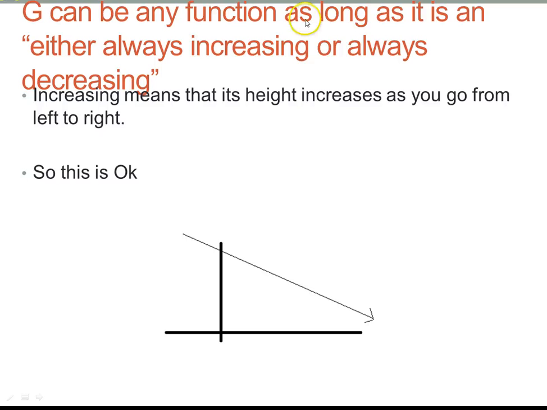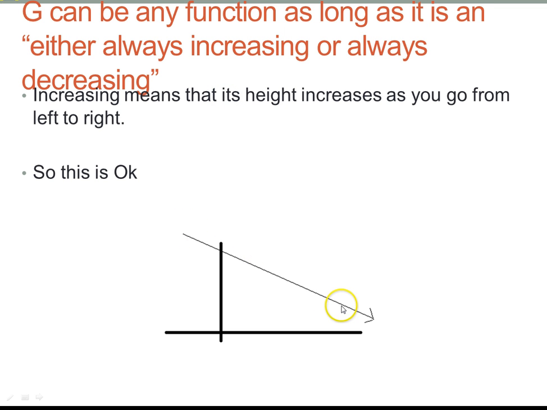So it could be any function as long as it's either always increasing or always decreasing. Increasing means that its height increases as you go from left to right. Now that's wrong, I'm sorry. Anyway, is this function increasing or decreasing? It's obviously decreasing, right? I should have given an explanation for decreasing with this picture, but anyway.